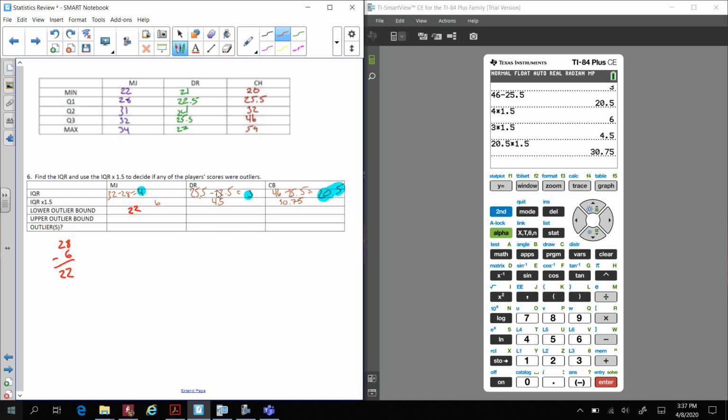Take Q1, which is 22.5. I'm going to subtract that magical number, 4.5. And anything that's below 18 would be an outlier. Same thing with Charles Barkley. We have 25.5. I'm going to subtract 30.75. And so just for fun, we're going to do it anyways.